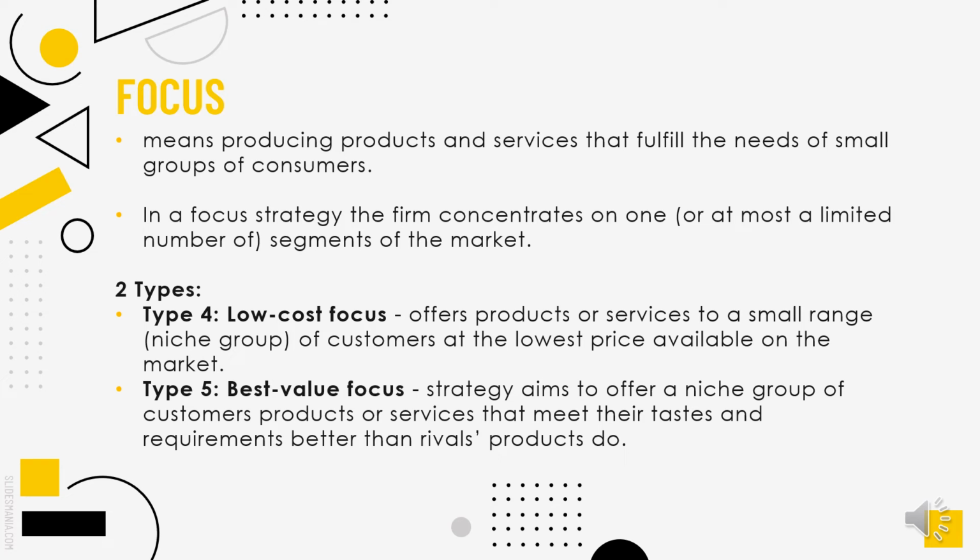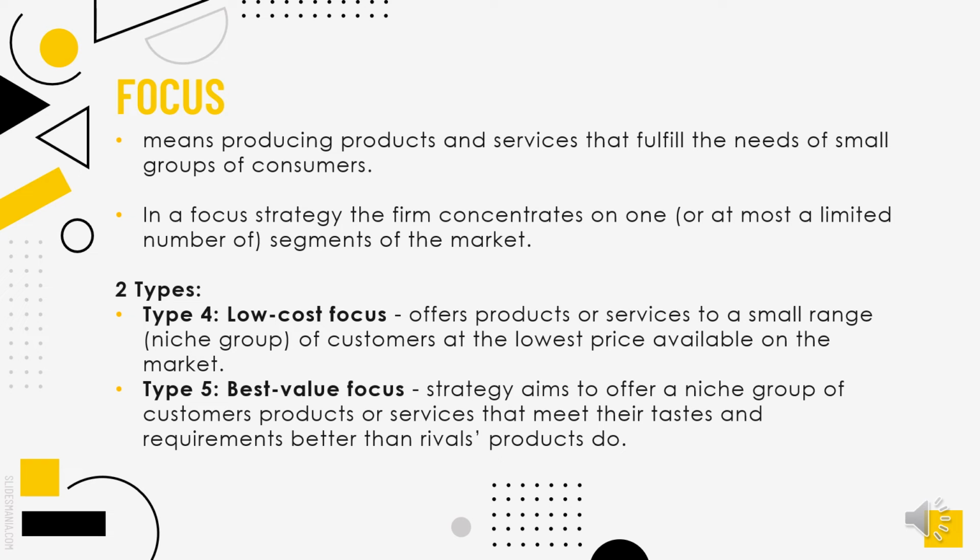So examples of firms that use the Type 5 strategy include Cannondale, the top-of-the-line mountain bikes, Maytag washing machines, and Lone Star restaurants or steakhouse, as well as bed and breakfast inns and local retail boutiques.